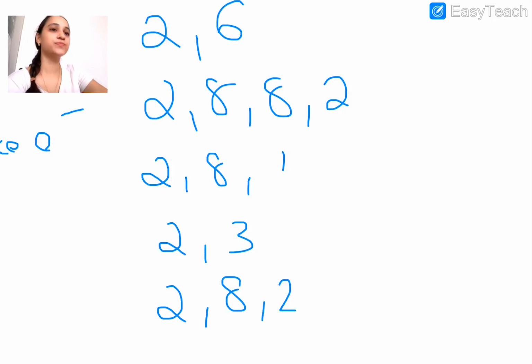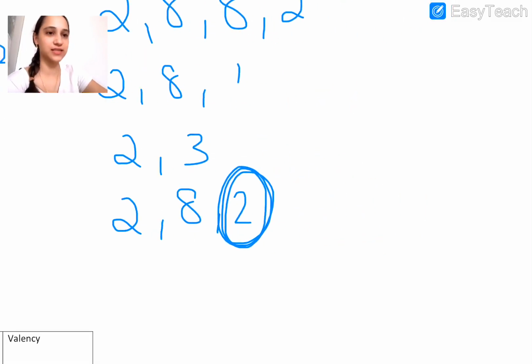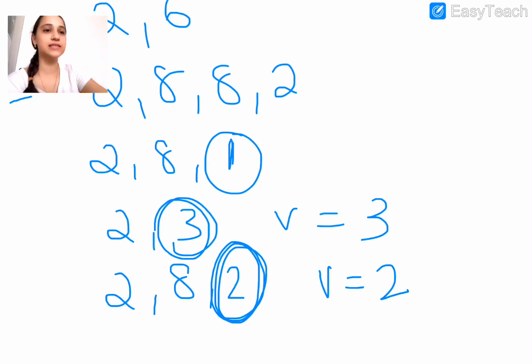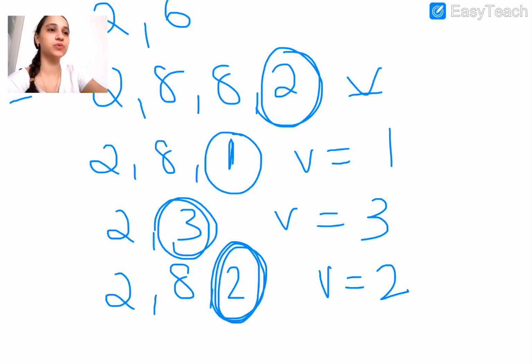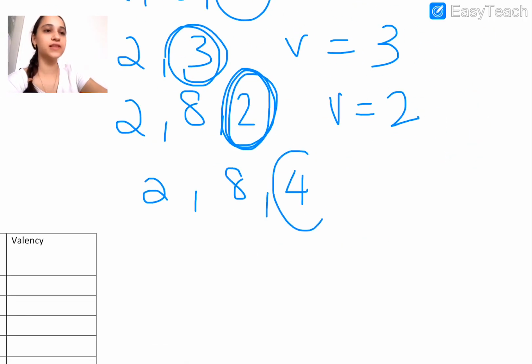Okay, so you see that's the last electron. So that's the valence electron. It's less than 4, therefore valency is equal to 2. This one less than 4, so valency is equal to 3. Here valency would be equal to 1. Here valency would be equal to 2. If we have 2, 8, 4, valency would be equal to 4.